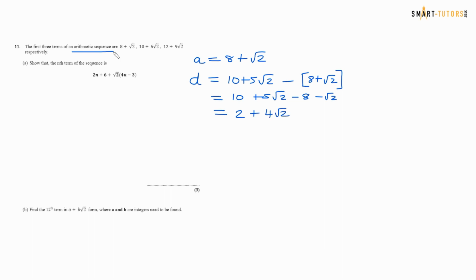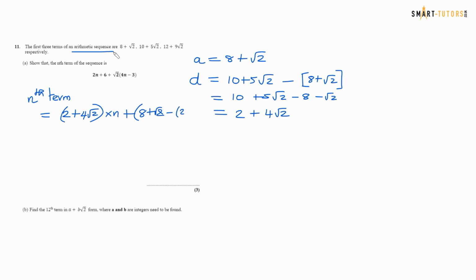So how do we find the nth term? The nth term of an arithmetic sequence, we first write the difference. So the difference is 2 plus 4 root 2 times n, plus the first term 8 plus root 2, take away the difference.